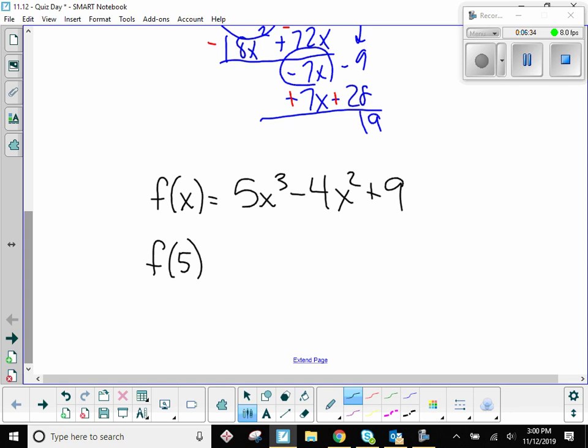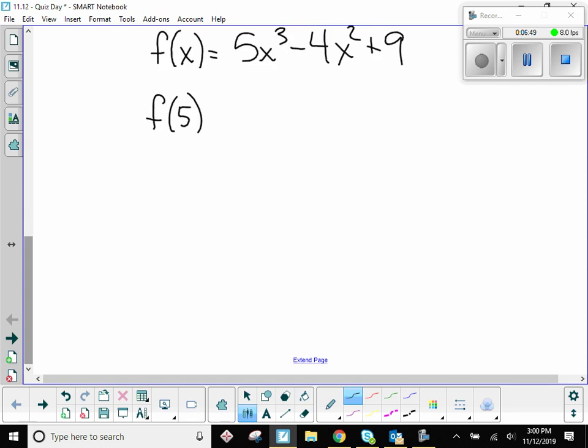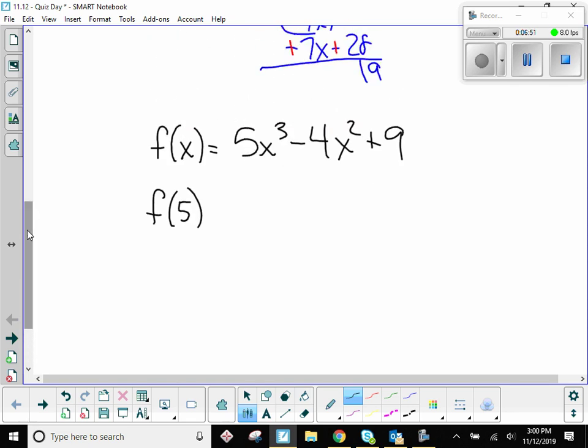But you can get the same answer using synthetic division. Which piece of synthetic division gives you the answer to that problem? The remainder, right? And that's why it's called the remainder theorem.